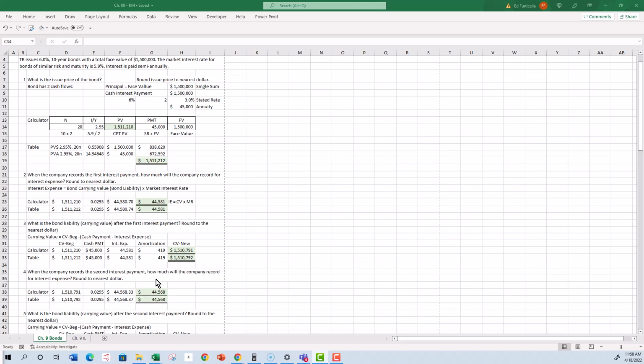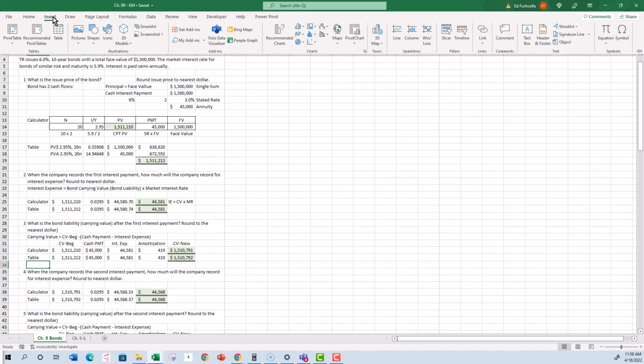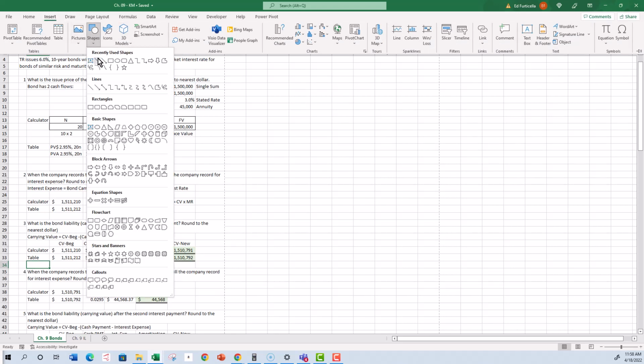When the company records the second interest payment, how much interest expense will we have? Round to the nearest dollar. We take the carrying value from the prior period. So for the calculator, we take 1,510,791. For the table, 1,510,792.